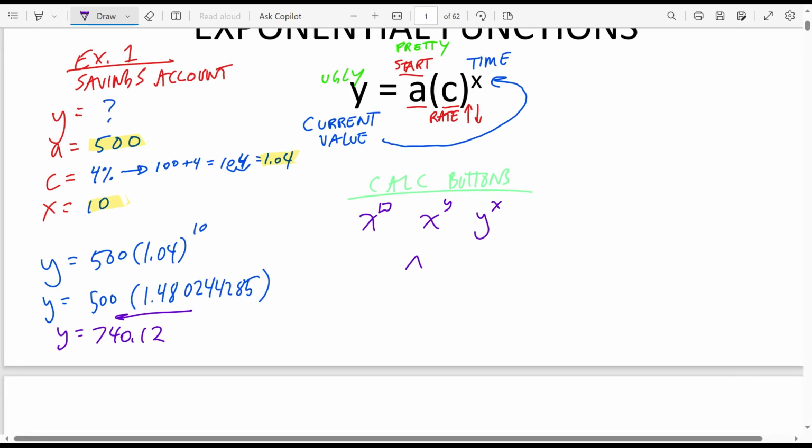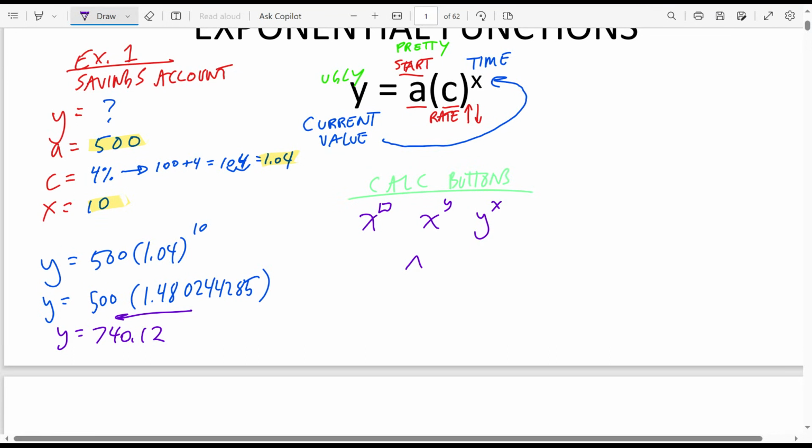Well, I have more of a question on the process. Like, you want us to just write this out in full, so I know that you know where things went. You've identified the A, the C, the X, and then you just skip right down to Y is equal to 740.12. Then I'm happy. That would be good on an exam. Really and truly, if you skip down to the next row and you calculate it wrong, that's one where I don't really need you to show the work.